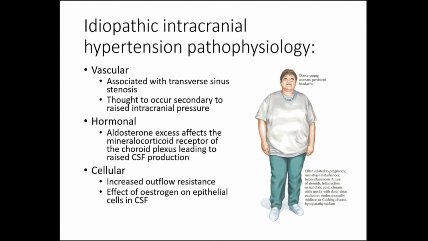Excess of aldosterone affects the mineralocorticoid receptor of the choroid plexus, leading to raised CSF production, and it's thought that this is related to the obesity and the hormonal abnormalities associated with obesity. Furthermore, it has been shown that idiopathic intracranial hypertension is associated with increased outflow resistance of the CSF, and it's thought that this is an effect of estrogen on the epithelial cells of the CSF.